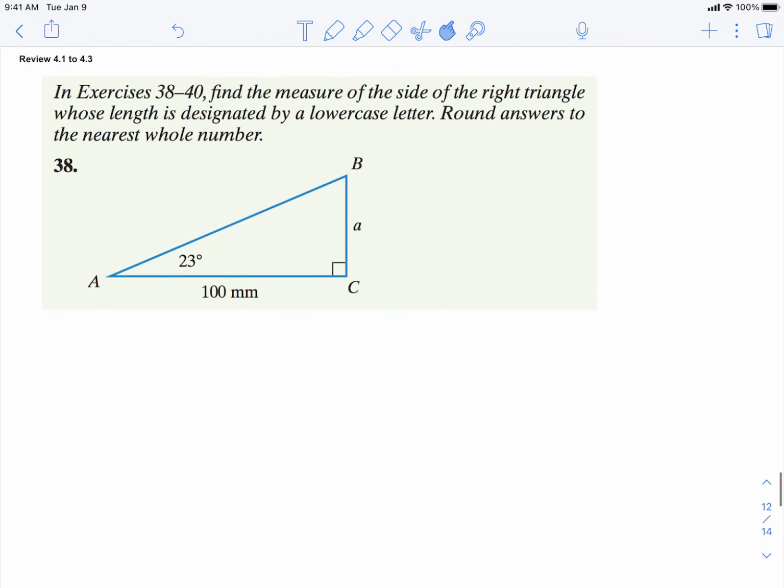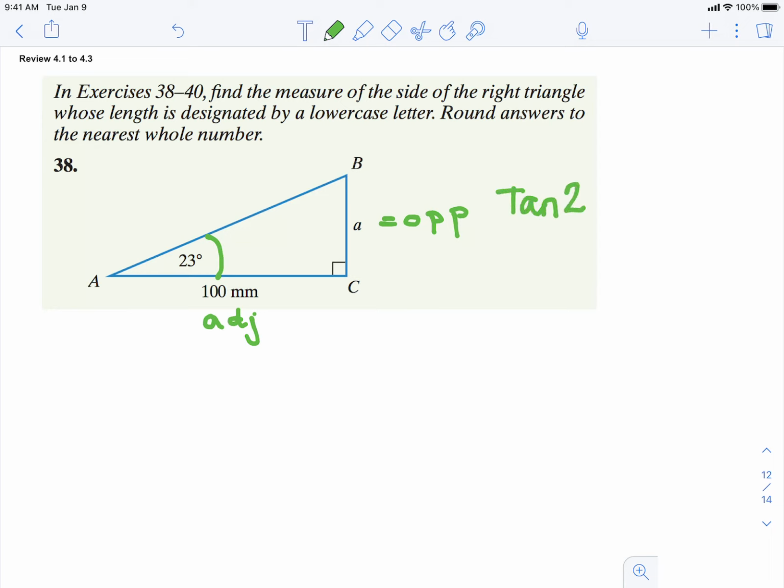All right, moving on to right triangle trig. So here's a right triangle, and we want to find the length of side A. So this is side opposite to angle A, and this is side adjacent to angle A. So we want to choose the appropriate trig function. Well, what works with opposite and adjacent is tangent.